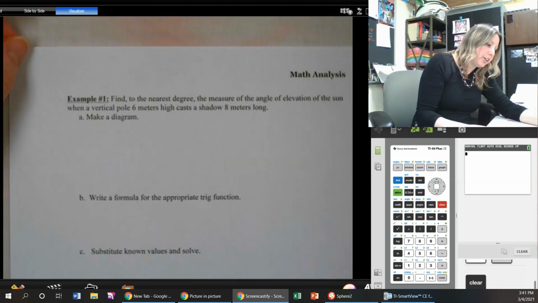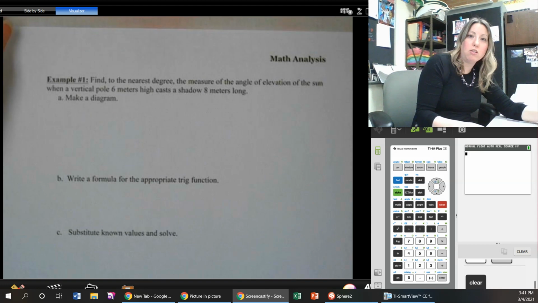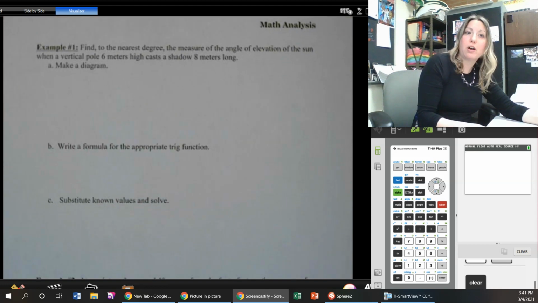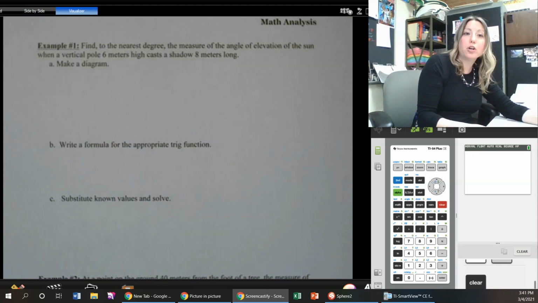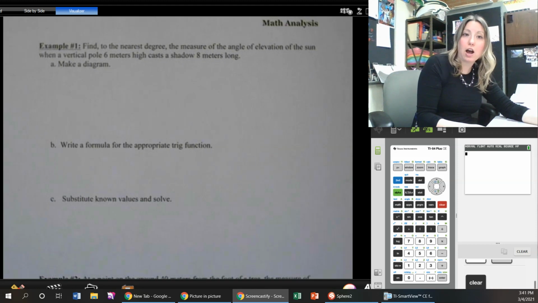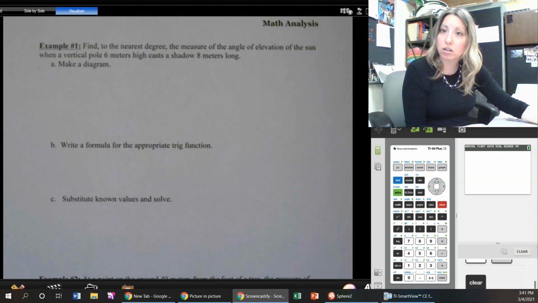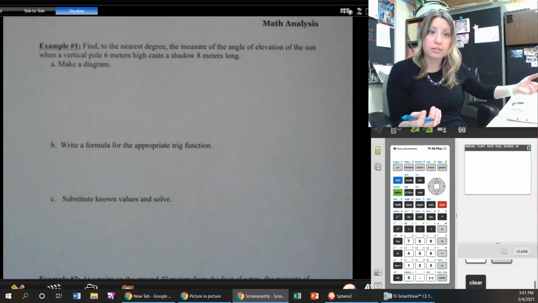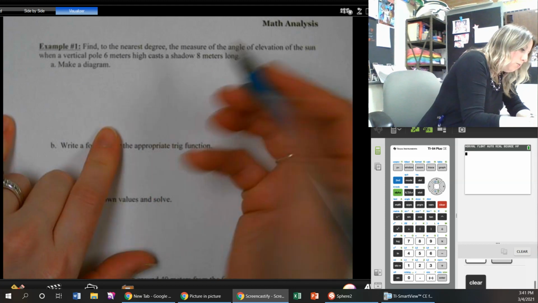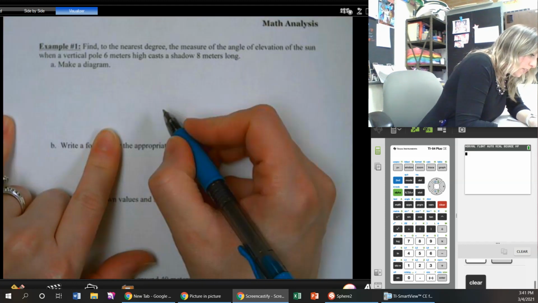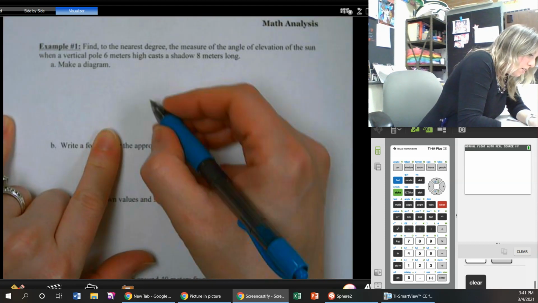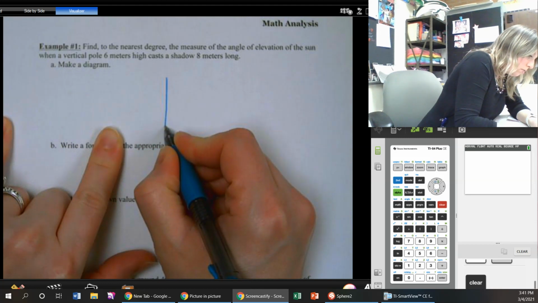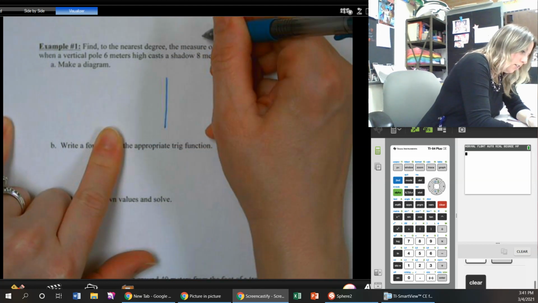Find, to the nearest degree, the measure of the angle of elevation of the sun when a vertical pole 6 meters high casts a shadow that is 8 meters long. Make a diagram. I can do that, right? So let's see. Here is the pole. Here is the sun.